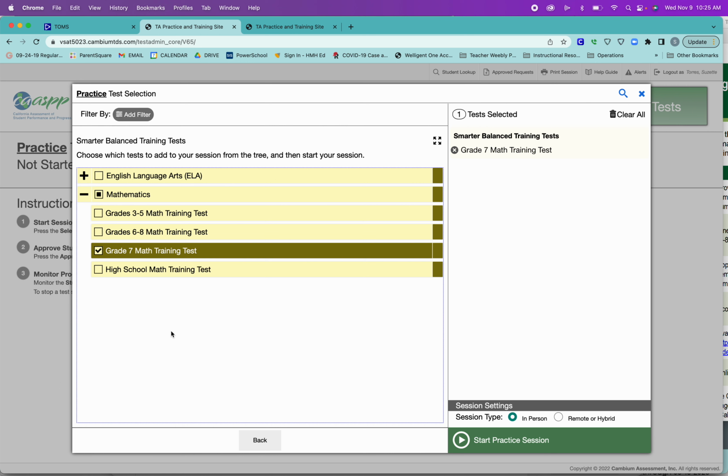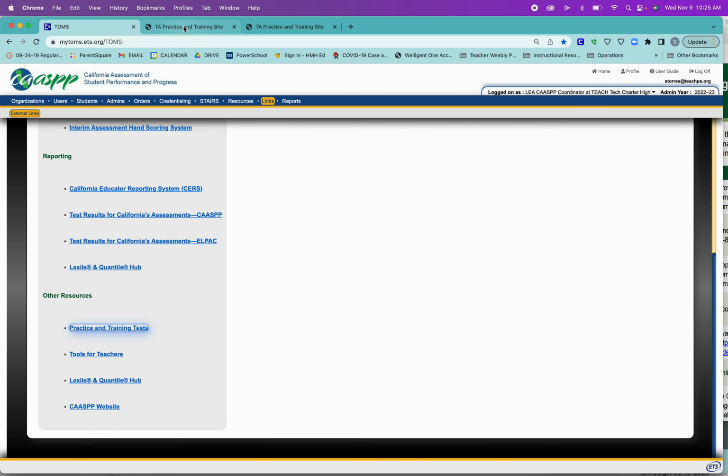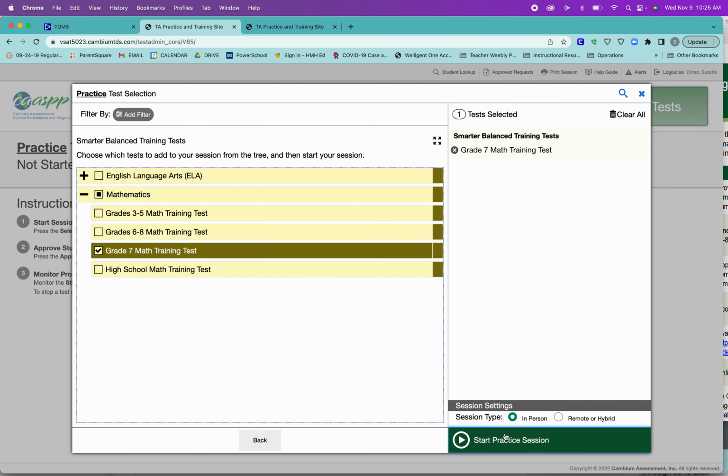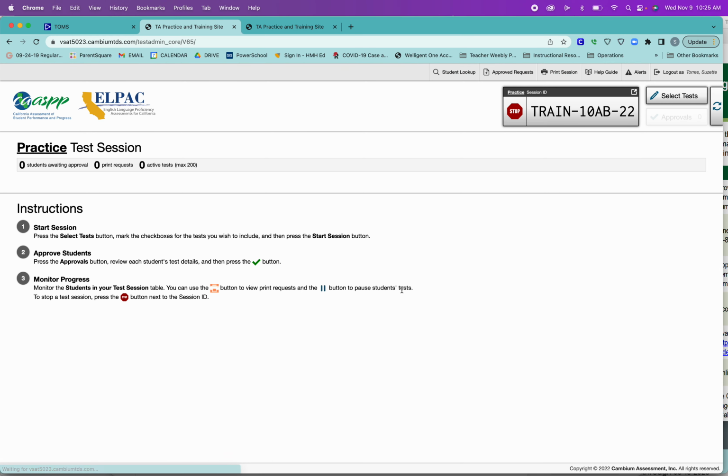So again, the difference between training and practice. Training is about the platform and practice is about the questions. You can also have the students work on these either together or individually.